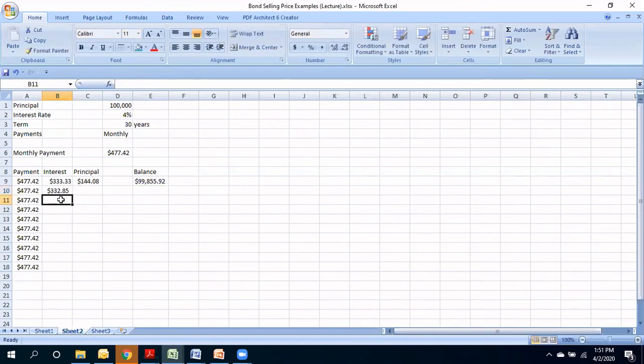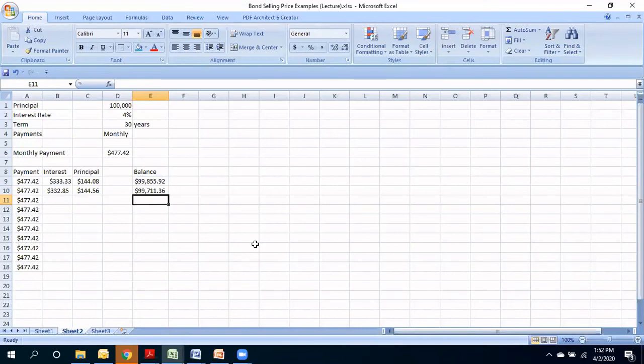On my second payment, the interest is $332.85. Subtract that from the payment, and $144.56 is applied to the balance. Now I see that my balance goes down again.